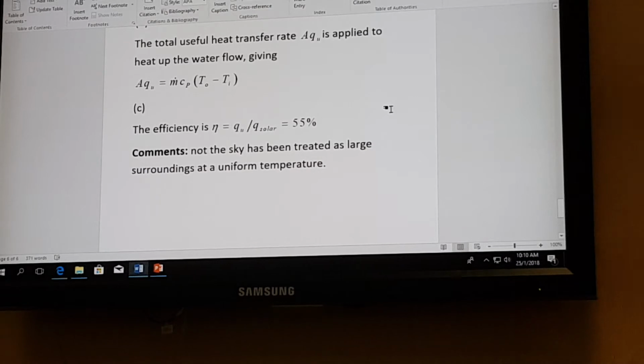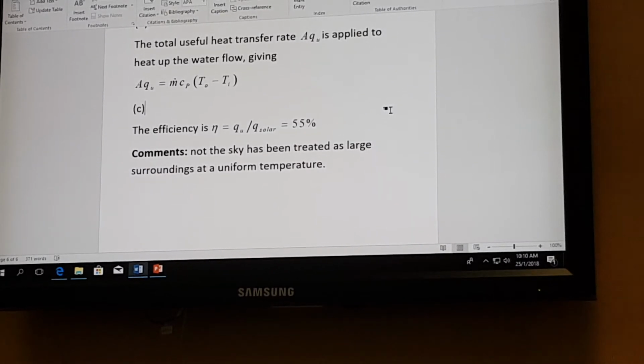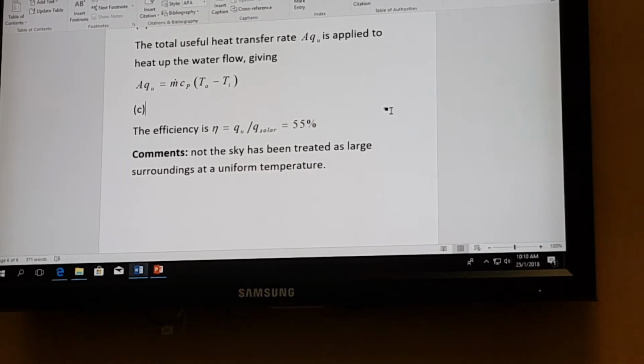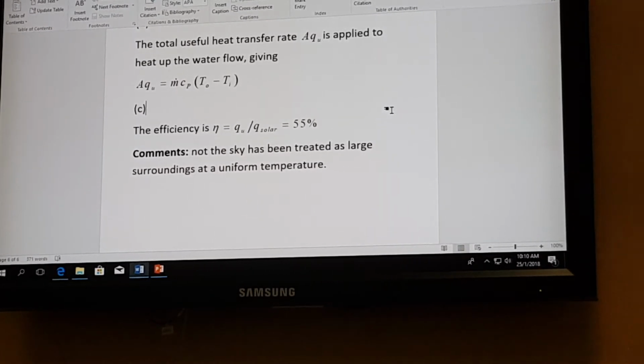Just remember the thing, because in the last part of this course, talking about the collector, basically, again, once you get a QU, you get everything. Because the heat flux and heat transfer rate have the dots on top because we're dealing with heat transfer, energy transfer per unit time. Through this course, we're always dealing with heat transfer per unit time. So we can just remove the dots on top.